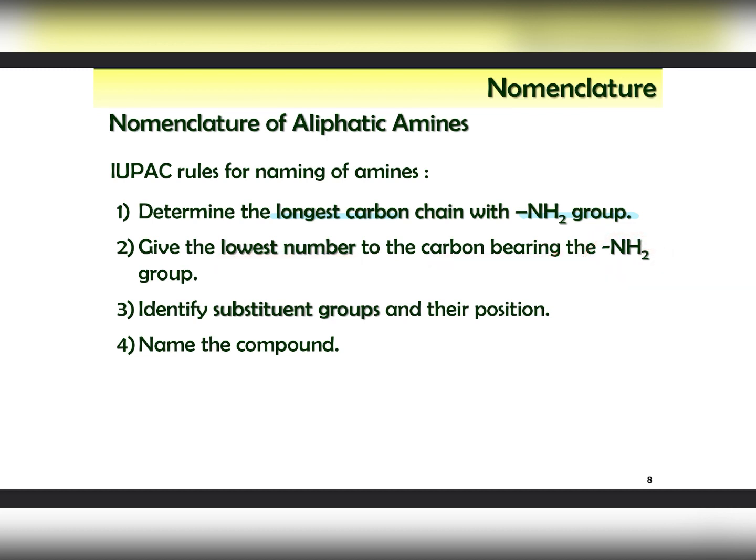Okay, so carbon that directly bond to amino group, that will be the lowest numbering. Next, you akan identify the substituent and indicate their position. So, kita akan tengoklah case by case kat mana substituent tu attached to. And then, name the compound.